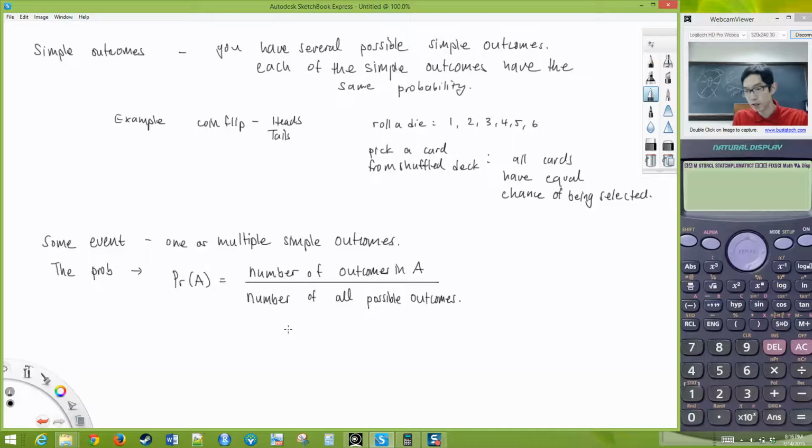So I could ask, what is the probability I roll a number larger than 4? Our event is rolling a number bigger than 4.